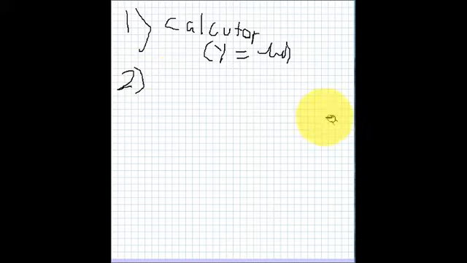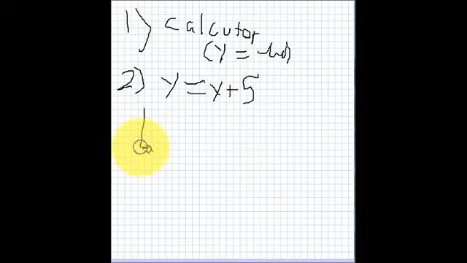The second way is by inputting points. So if you have y equals x plus 5, one way you can make the graph is, first by drawing your axes, and then plugging in values of x and seeing what comes out of y.